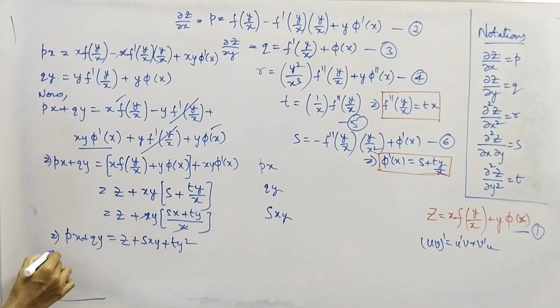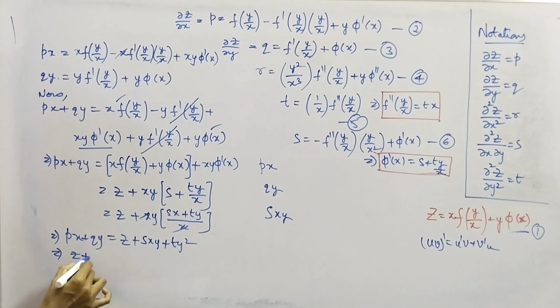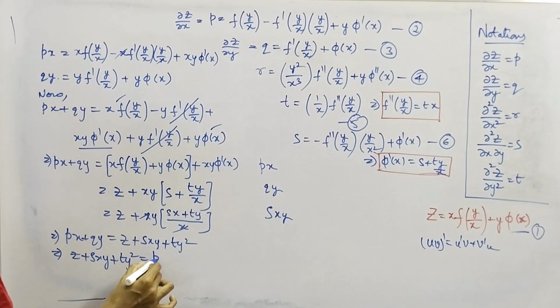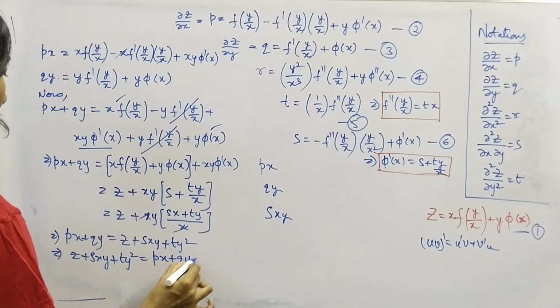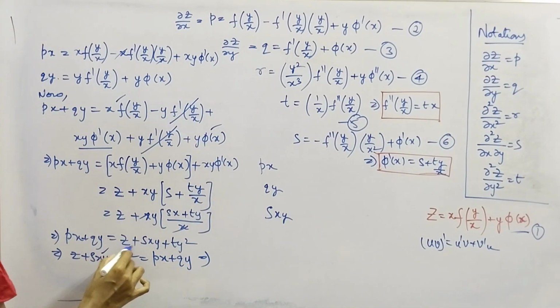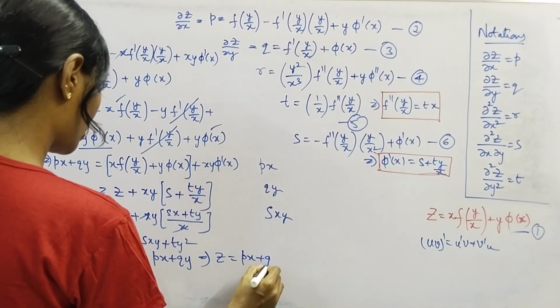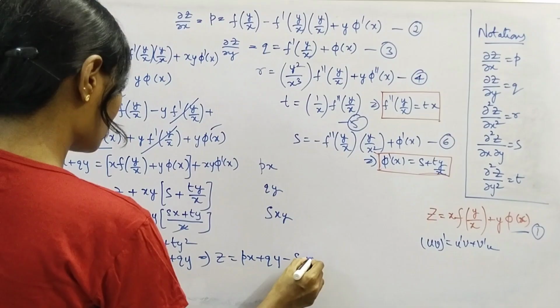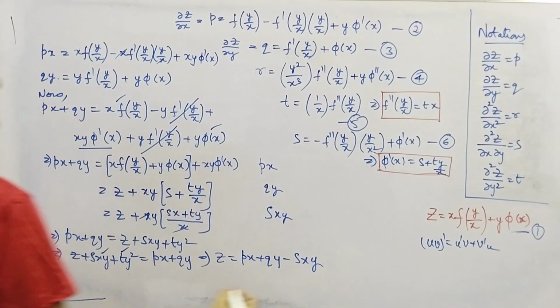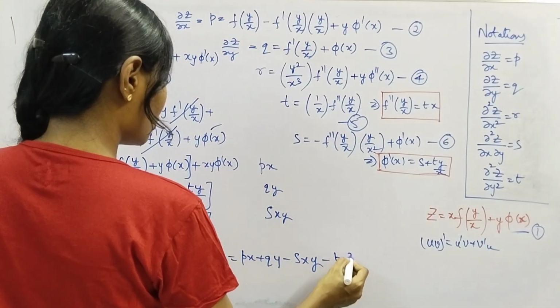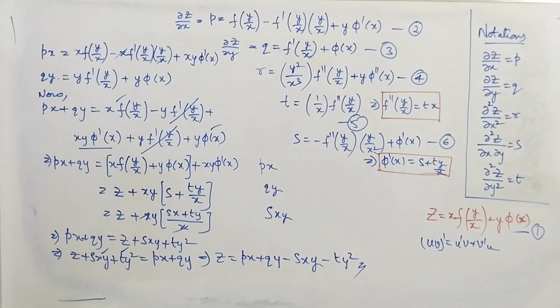Fine. Or we can write this as z plus sxy plus ty square equal to px plus qy. Now bring these two terms to the RHS, you'll get z equal to px plus qy minus sxy minus ty square, which is the required partial differential equation.